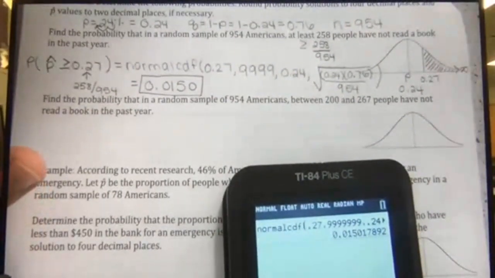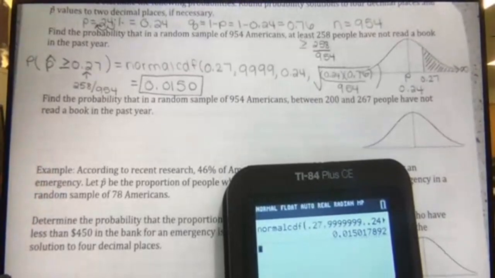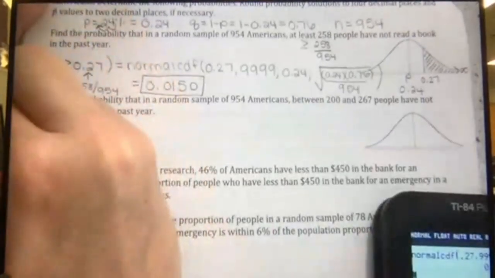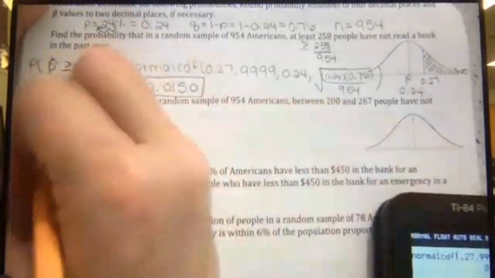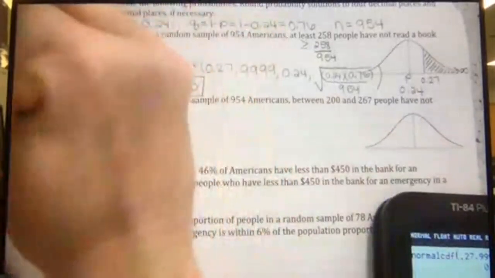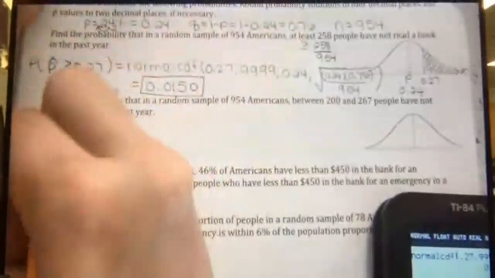It says find the probability that in a random sample of 954 Americans, between 200 and 267 people have not read a book this year. All right, so now our probability is between 200, so remember, it's 200 out of that 954.